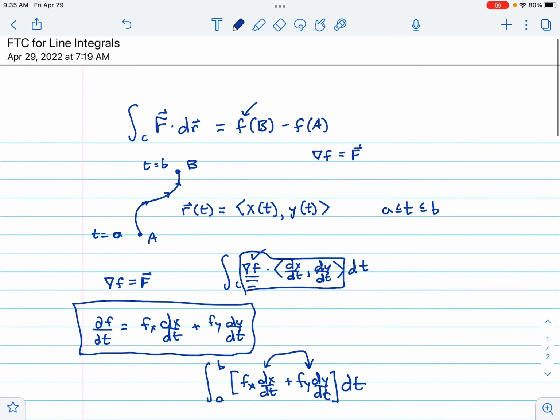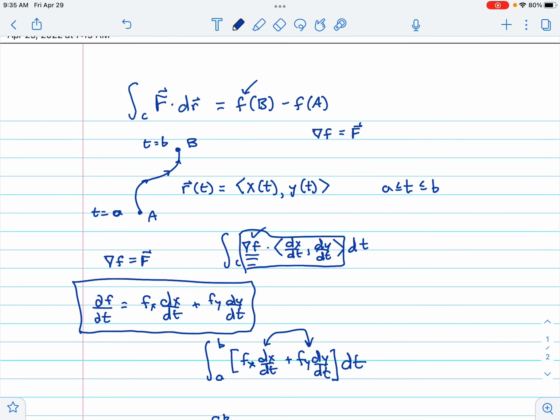Now, one of the things that we can take from that is that the path is not important. It doesn't matter how we get from A to B. We could have a complicated path or a simple path. It doesn't matter. We just plug in the top point minus the bottom point. We don't even care about the path.